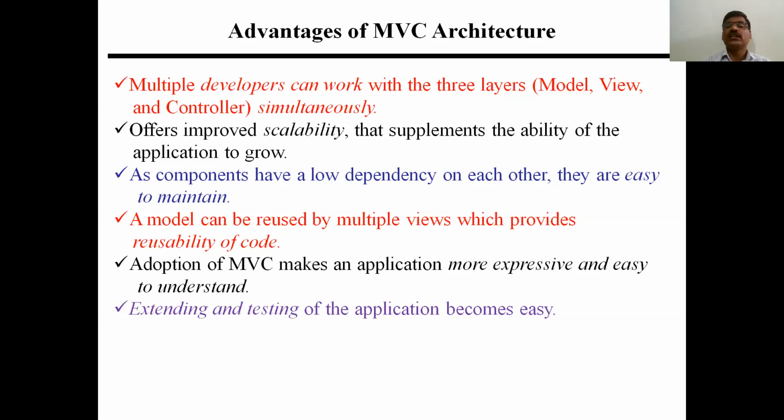You can easily add new components, either to the model, a view, or a controller. So it is easy to extend a component if you desire. Also the testing of the application becomes simple because of independent components: whichever component you want to test, you can test it independently.